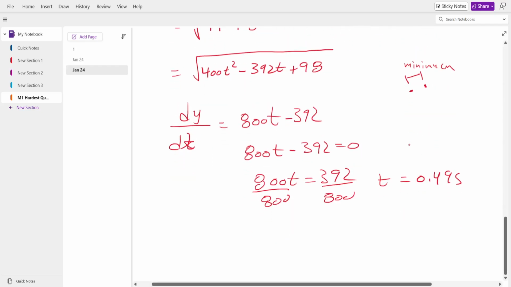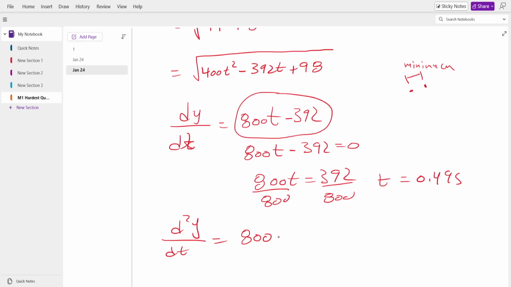But for you to be sure whether this critical point is a minimum or a maximum, we get the second derivative, which is going to be the differentiation of this expression, which is basically going to be 800. And then we check if this second derivative, when we put in t, is going to give us a positive value or a negative value?